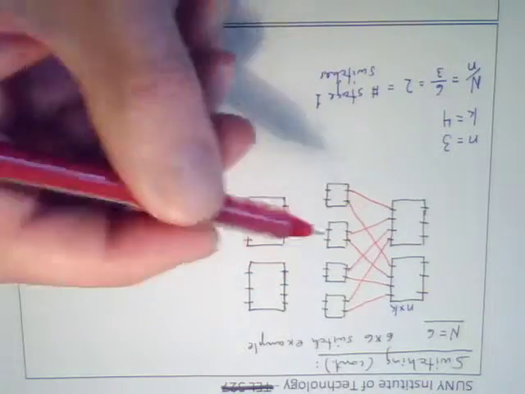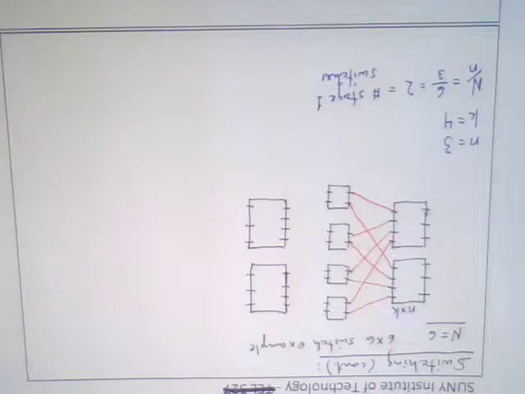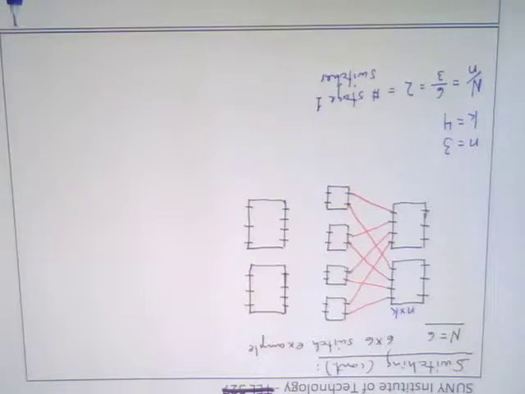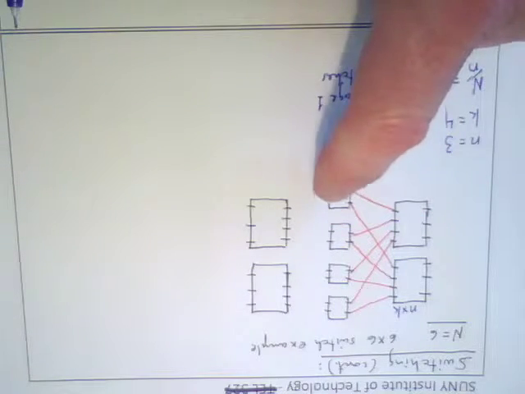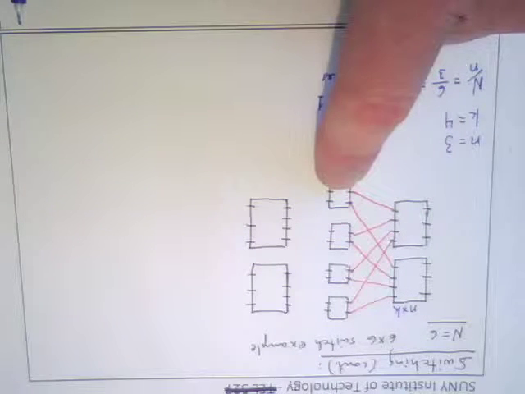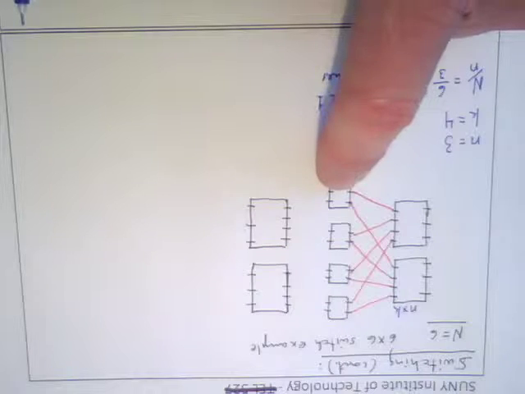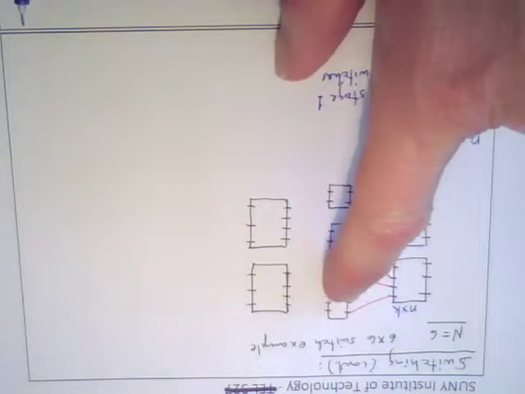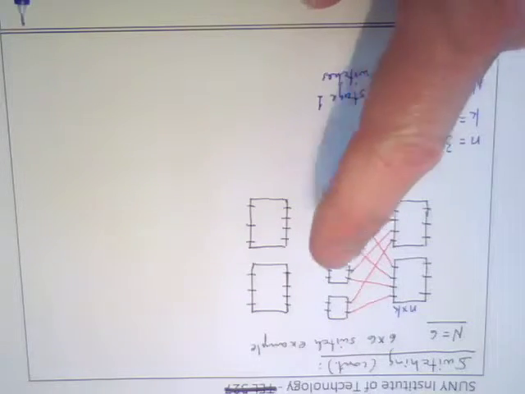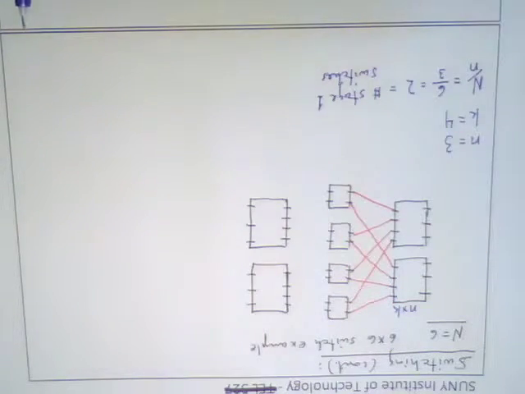Okay, so you can see that the number of output ports on the stage 1 switches is equal to the number of stage 2 switches. We also see that the number of input ports on the stage 2 switches is equal to the number of stage 1 switches.